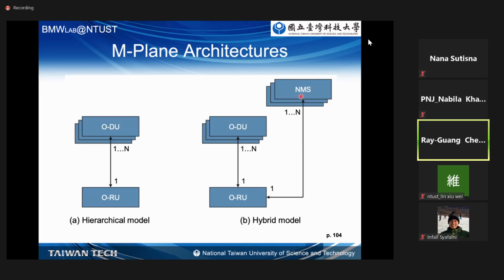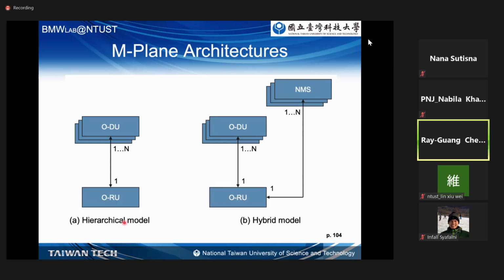For the hybrid mode, you can use the ORAN network interface, the NMS, to configure the ODU, then use the ODU to configure the ORU, or they can also have another path. They can have a dedicated management path to configure the ORU.